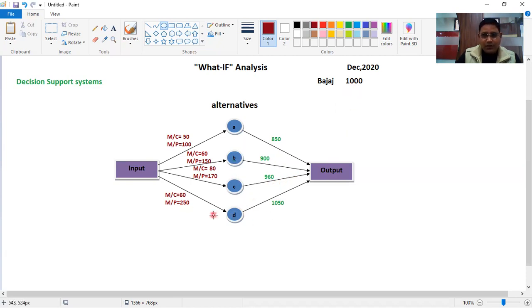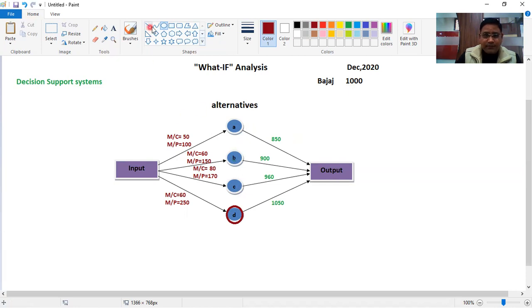But with alternative D, we can manufacture 1000 bikes in a month, with the combination of 60 machines and manpower 250. So this is how what if analysis works, because we have to check each and every alternative, whether with that specific alternative we are able to achieve our objective or not.